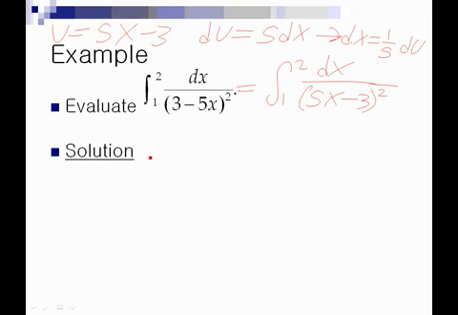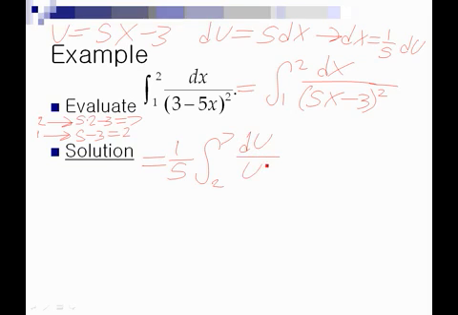So now we get 1/5 the integral, and 1, of course, will transform into 5 minus 3, which is 2, and 2 will transform into 5 times 2 minus 3, which is 7. So we're going from 2 to 7 of du over u squared.